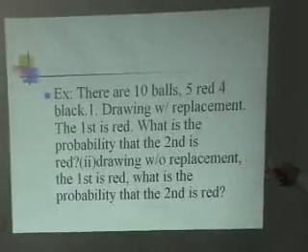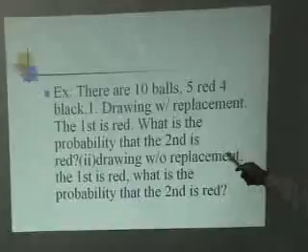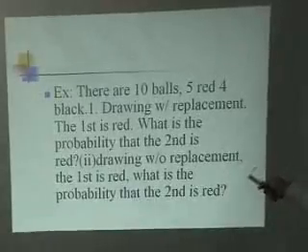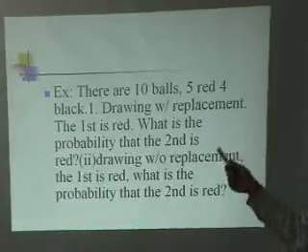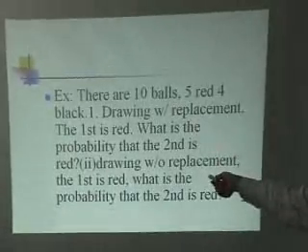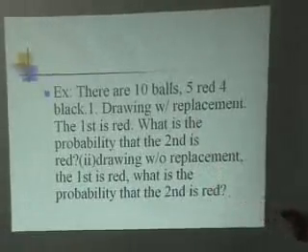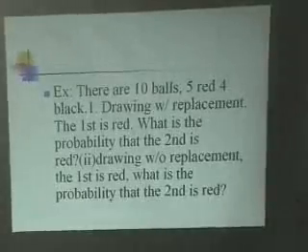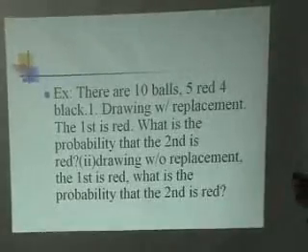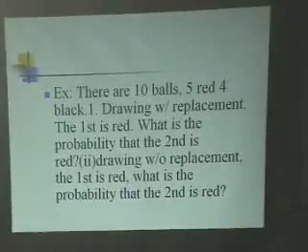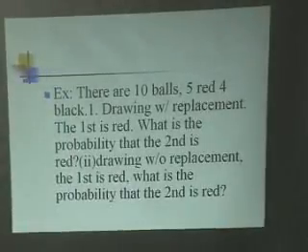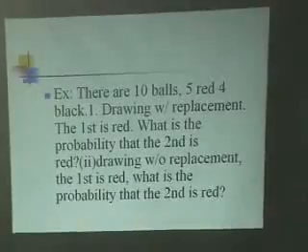And drawing with replacement, the first one is red. What is the probability that the second one is red? What kind of probability is this? Actually, it is what we call conditional probability, right? So given that the first one is red, what is the probability the second one is red?